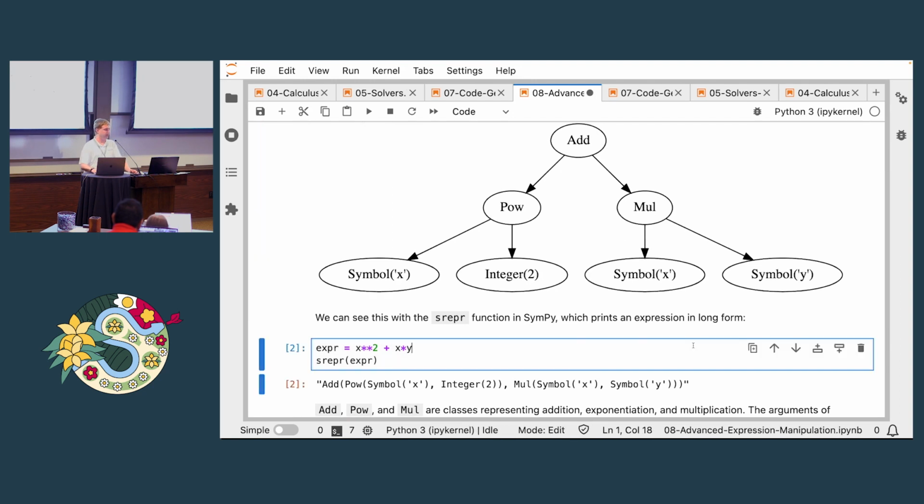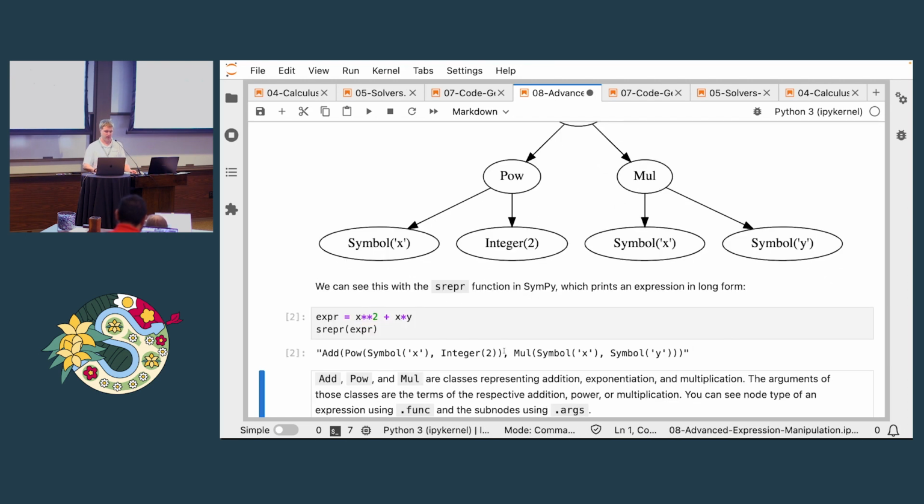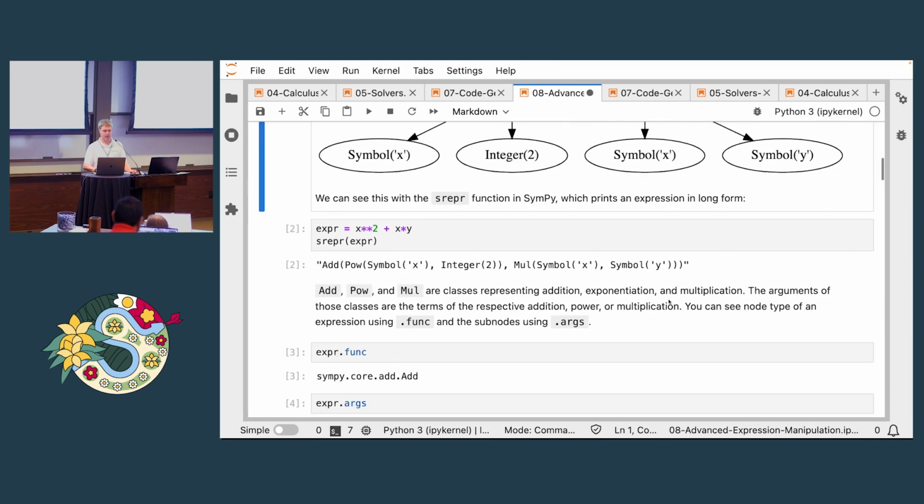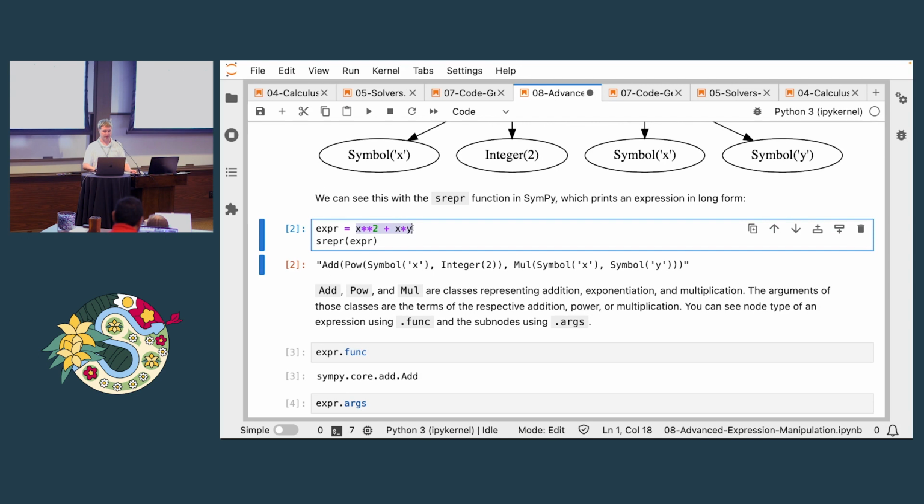The srepr function in SymPy will print out an expression in this long form. We can see that the long way to create the expression x squared plus x times y is Add of Pow of Symbol x, Integer 2, comma, Mul of Symbol x, Symbol y.